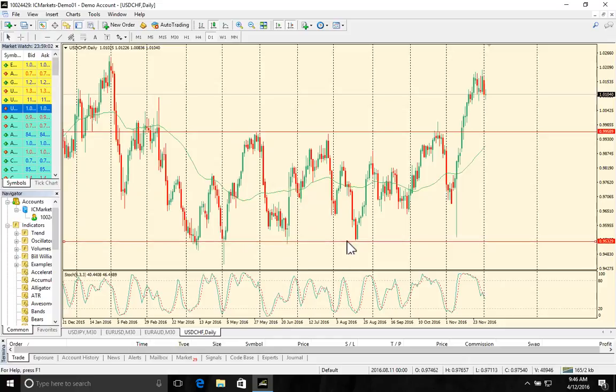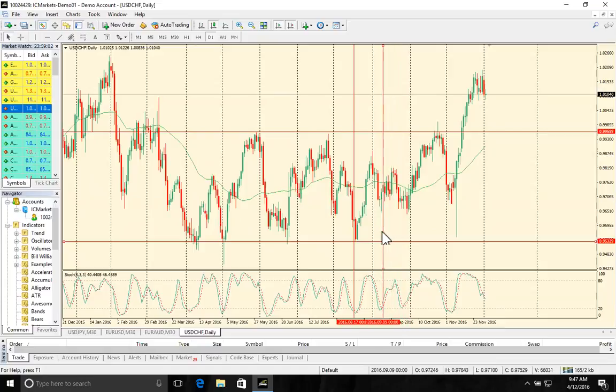Around that mark. Now you check your stochastic, whether it's actually helping you to make your trades. So all I will do is draw those lines where it's actually coming. So this is one, right? And this is two.